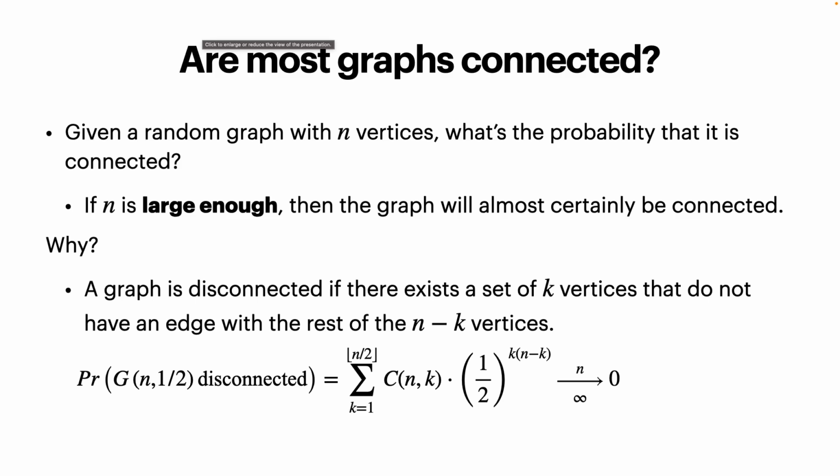For each k, we have n choose k combinations, and we require each vertex to have no edge with the rest of the n minus k vertices. The probability for such a vertex is (1/2) to the power of n minus k. Since we have k vertices in total, we raise this to the power of k. This expression approaches 0 as n approaches infinity. Therefore, the probability of a random graph being disconnected is very small with large n, so it is going to be connected.